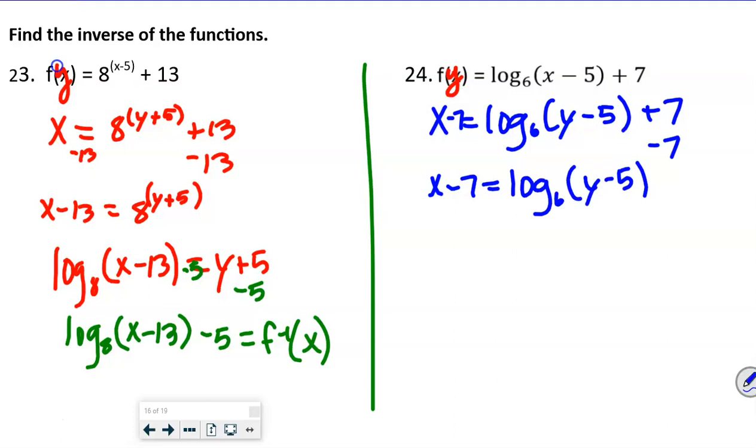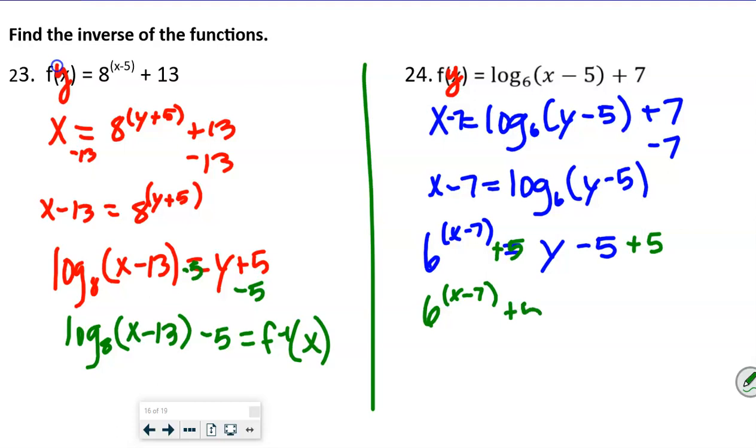So now we're going to put it in exponential form. Our base is 6. Our exponent is going to be x minus 7. That's going to be equal to y minus 5. So we're going to add 5 to both sides. So our answer is going to be 6 to the x minus 7 plus 5 equals the inverse. Okay?